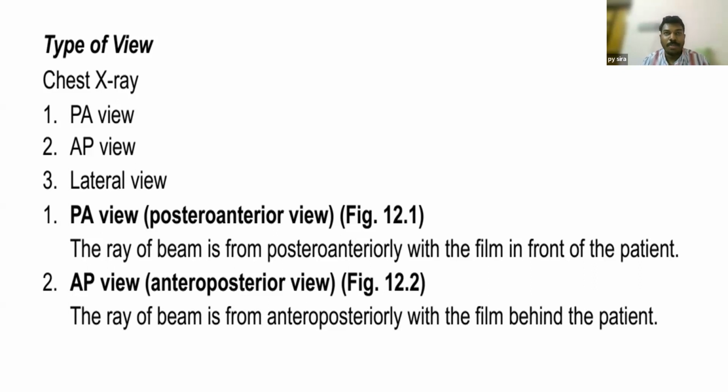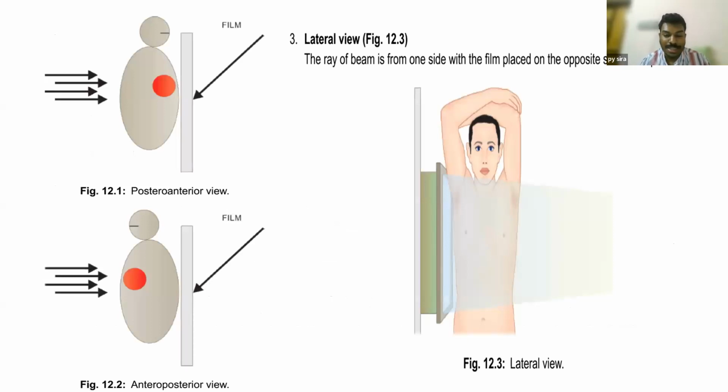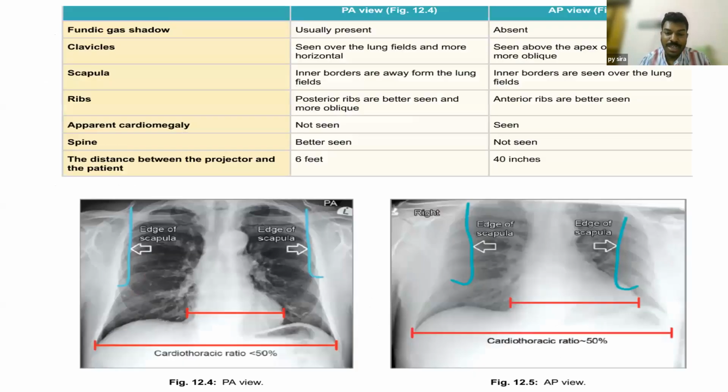Whereas we have AP view where the film is going to be placed over the back of the patient, and the ray is going to come anterior to posterior. So based on the movement of the rays, you're going to have an AP view or a PA view. This is how they take the X-rays. And lateral view is again, the film is going to be placed laterally.